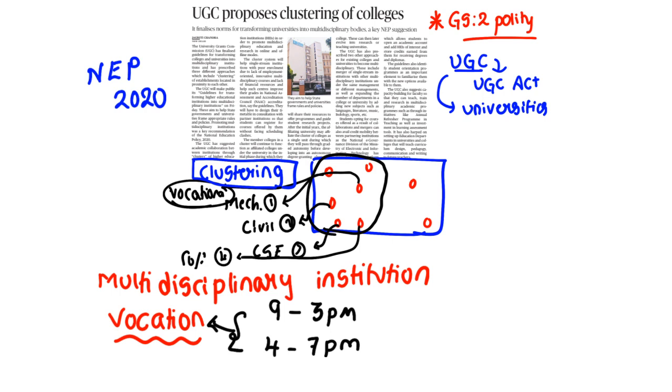Clear? So, and the UGC also prescribed two other approaches for the existing colleges, that is, the universities can become multidisciplinary, and these include the merger of single stream institutions with other multidisciplinary institutions under the same management or different management, as well as expanding the number of departments in colleges or universities by adding new subjects related to the language, related to the literature, related to the music, and related to the sports, and it also says related to the concept of Indology.